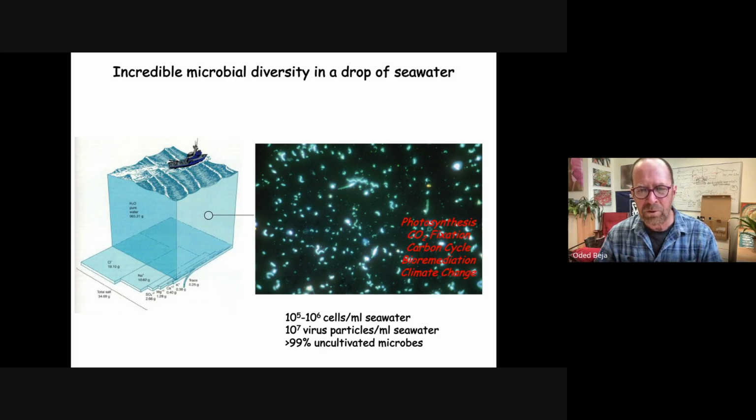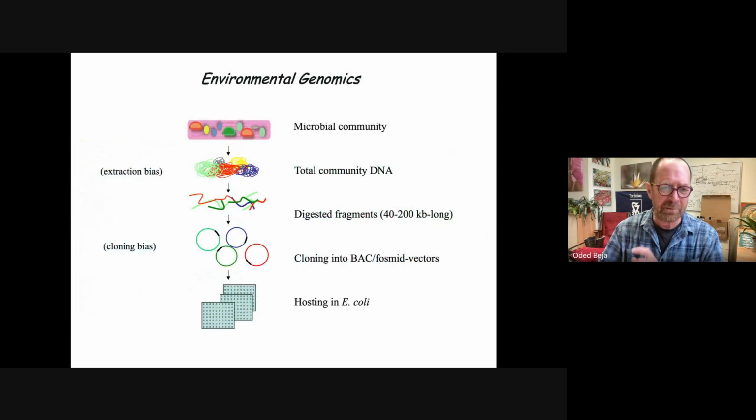So one approach, let's say, is doing metagenomics. And this is what my lab is doing. We basically go to a certain environment, in my case, the marine environment, and we collect the entire population as a whole. We can do size fractionation, but basically we collect whatever we want, we extract the DNA, and then we have several methods.